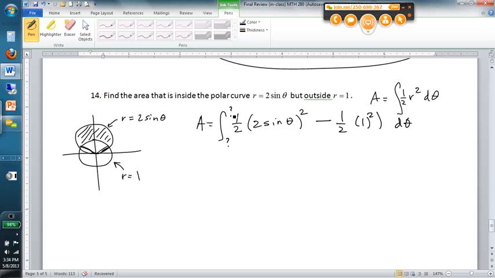It's where they intersect, isn't it? Set them equal. So 2 sine theta equals 1. That's going to be sine of theta equals 1/2, which, what are the thetas there? Pi over 6, and over here would be 5 pi over 6, wouldn't it? So those are going to be my limits.